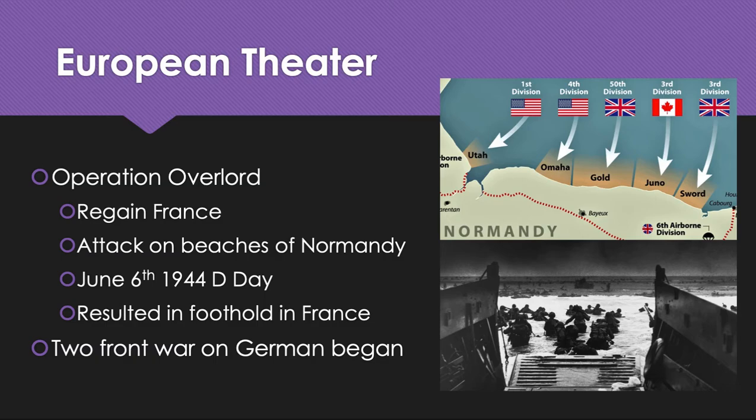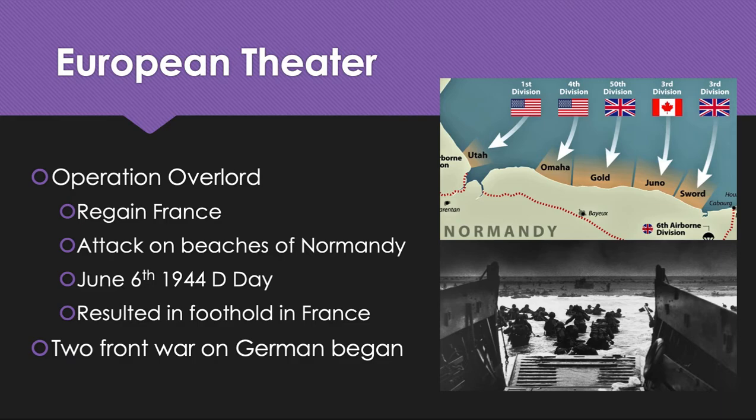When we look at the European theater, we have to go back just a little bit and talk about the actions of Germany. Shortly after World War II begins, Germany is going to invade and occupy northwest France, beginning in May of 1940.